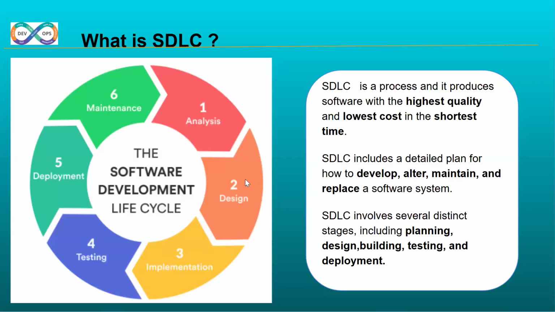Directly or indirectly, we are part of our SDLC process. If you are a developer, you write the lines of code. If you are a tester, you verify the functionality.